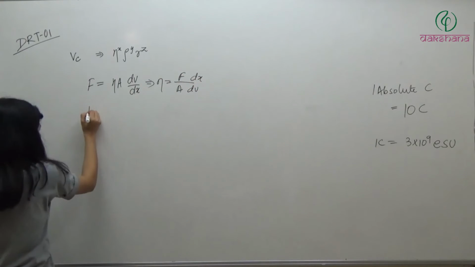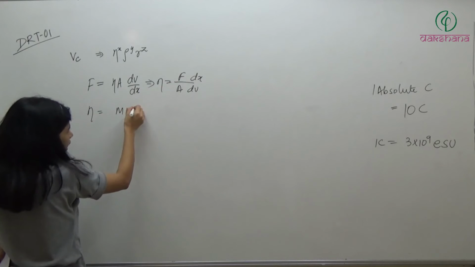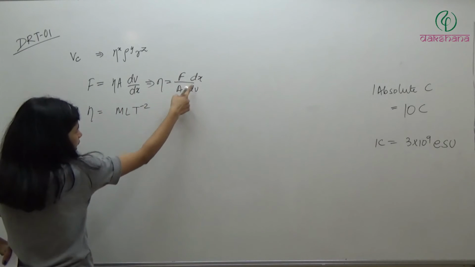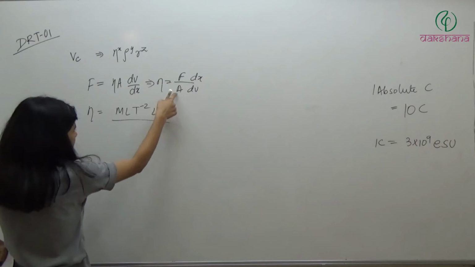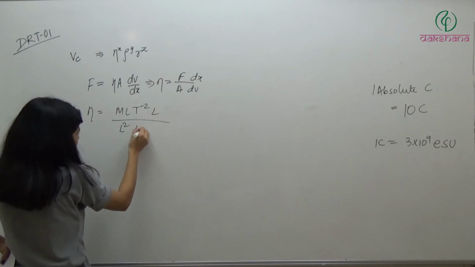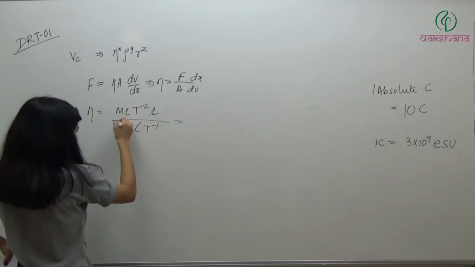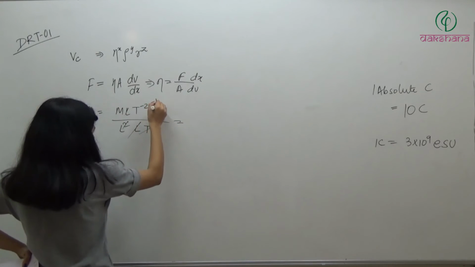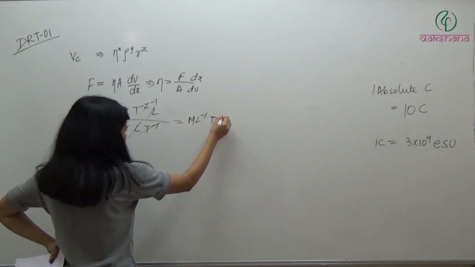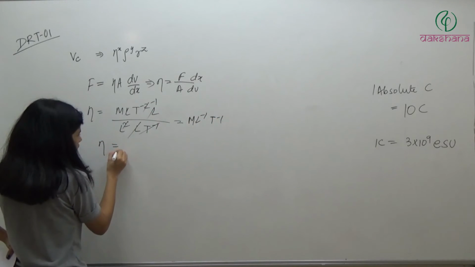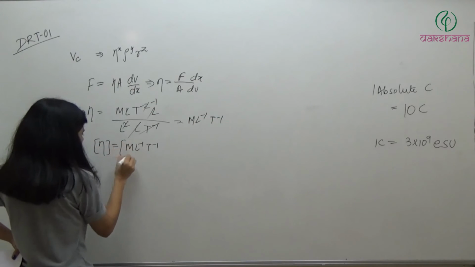So eta I can write, this is M L T minus 2, again L, divided by, this is L square and this is L T minus 1. So from here I can write M L minus 1 T minus 1. So eta is M L minus 1 T minus 1.